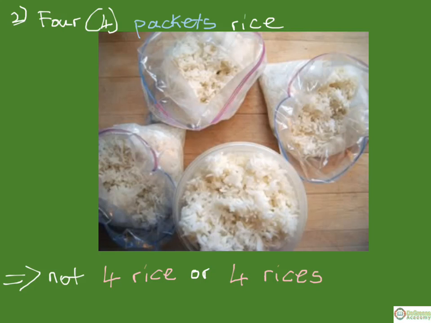No. Since we can count the packets, we can only say 4 packets of rice. We are not counting by the rice in the packets. We are counting by the packets. And so that is why we can only say 4 packets of rice and not 4 rice or 4 rices.